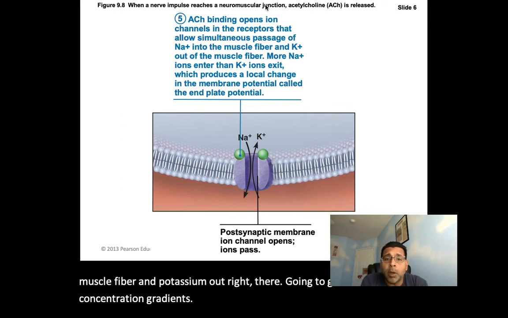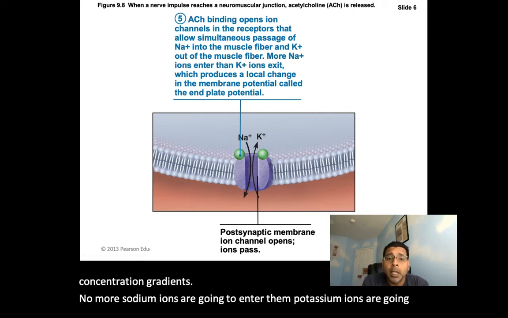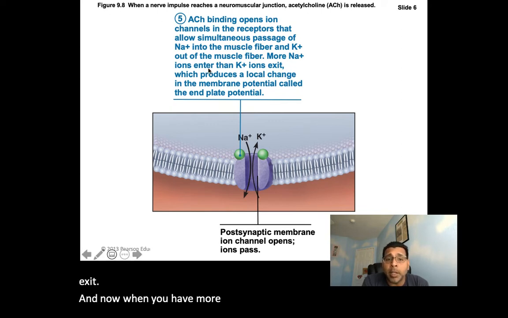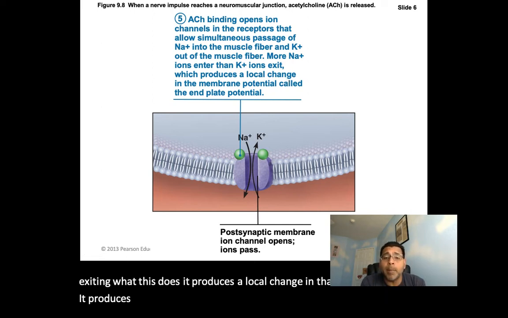Now, more sodium ions are going to enter than potassium ions are going to exit. And now when you have more sodium entering compared to potassium exiting, what this does, it produces a local change in the membrane in its potential, right?